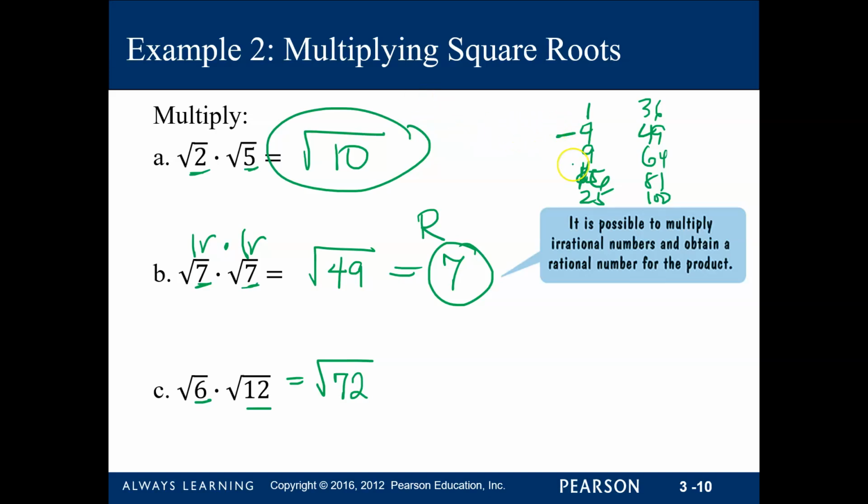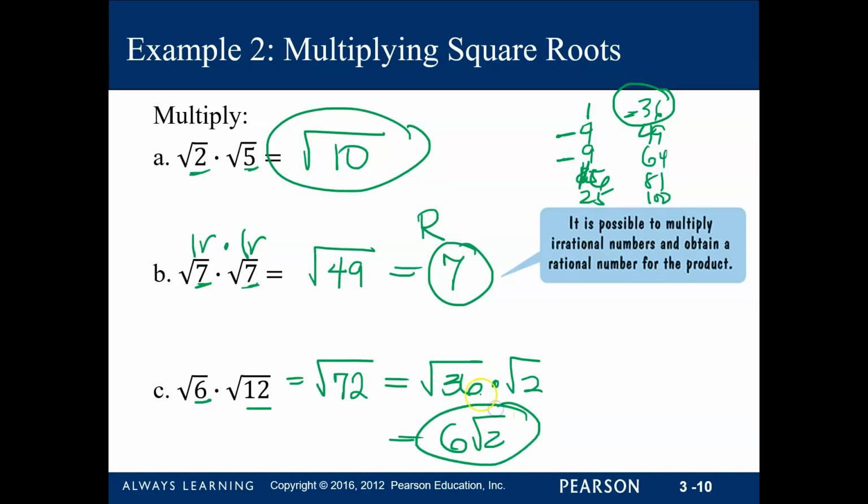Three of them: 4, 9, and also 36. Okay? Now remember, by default, we always select the highest perfect square as one of the factors. So square root of 72 could be written as square root of 36 times the square root of 2, which will eventually give us 6 square root of 2. So that is the simplified form.